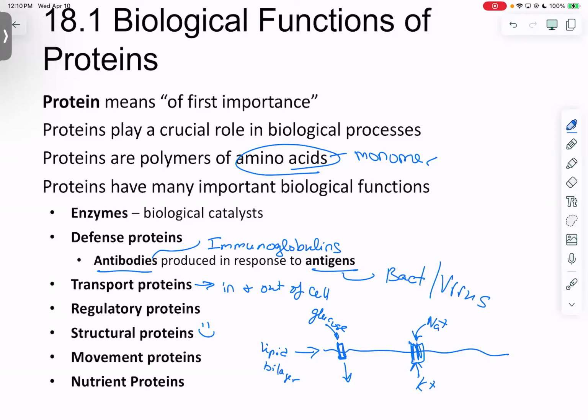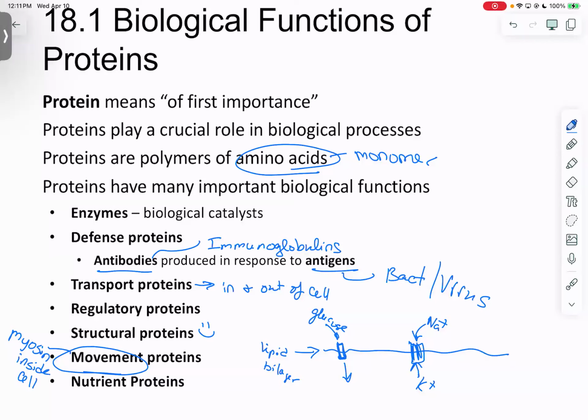That's a transport protein. A movement protein is an example like myosin. It's inside the cell.